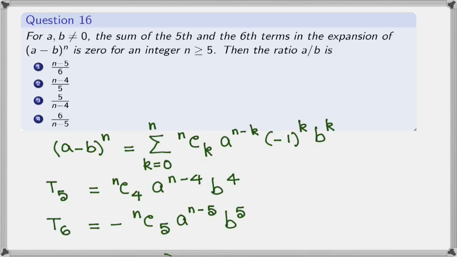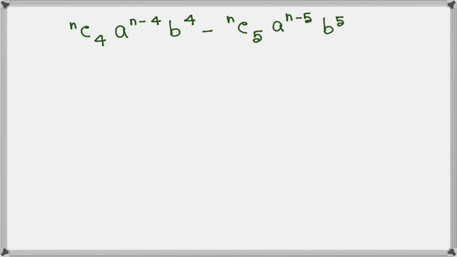So therefore we have nC4 into a to the power n minus 4 into b to the power 4 minus nC5 into a to the power n minus 5 into b to the power 5 is equal to 0. Now let us take nC4 into a to the power n minus 5 into b to the power 4 common.